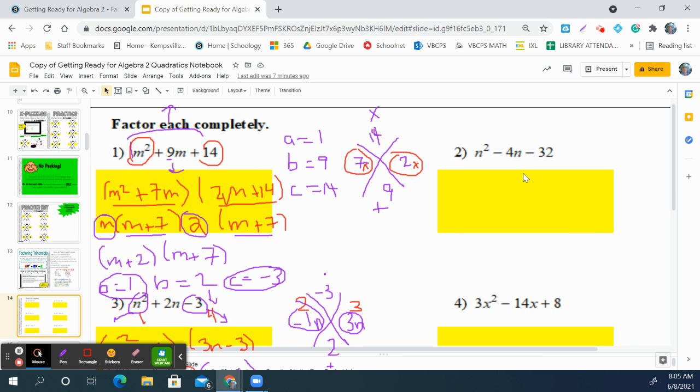So try number 2 on your own. You might want to use a piece of paper for it.